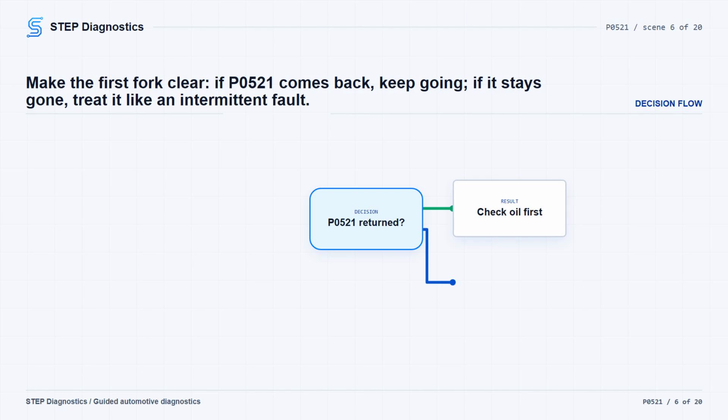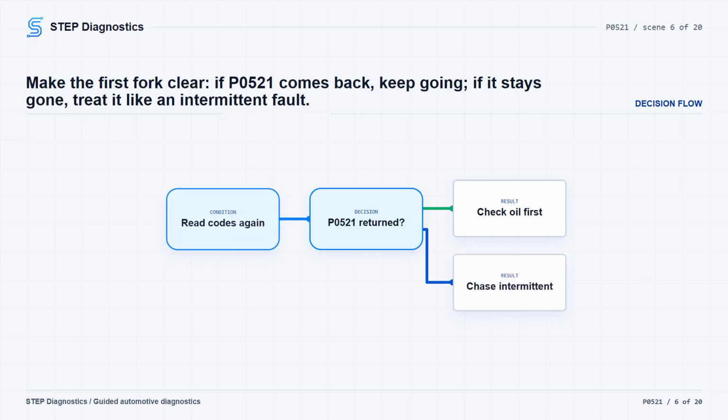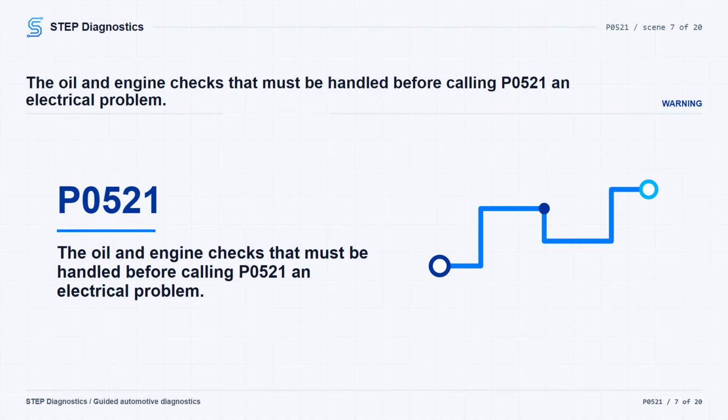If P0521 does not return, handle it as an intermittent condition. If it does return, continue with the oil and mechanical checks before doing circuit testing. Next, make sure the engine oil is at the proper level. Check the customer's oil change history and confirm the oil has been changed at the correct intervals with the proper viscosity.